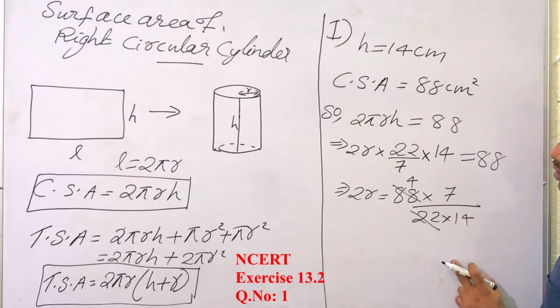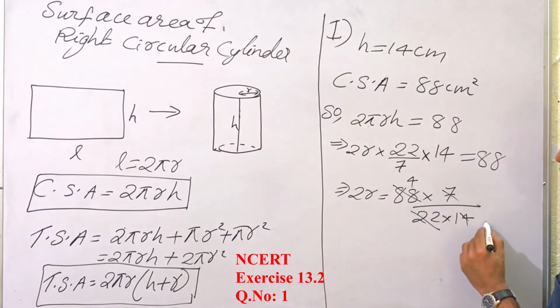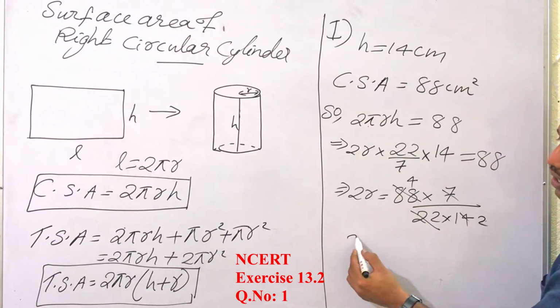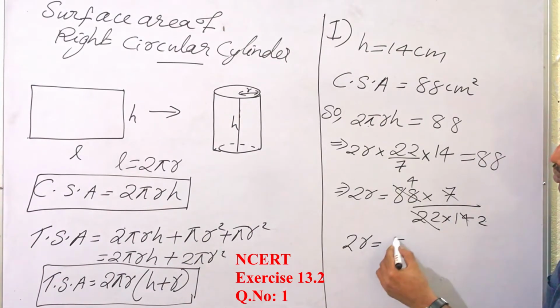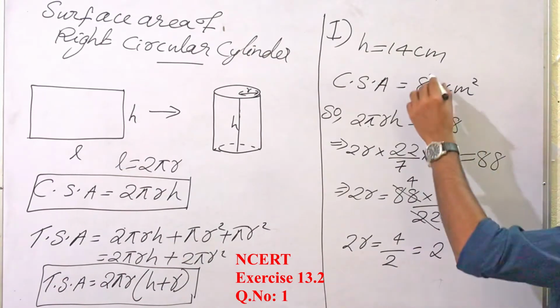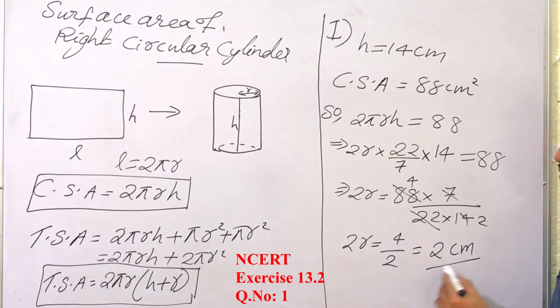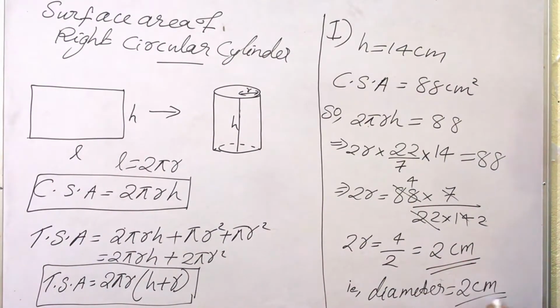Then 7 by 4 is equal to 2. So 2r is equal to 4 by 2, which is equal to 2 centimeter. So 2r, that is the diameter, is equal to 2 centimeter.